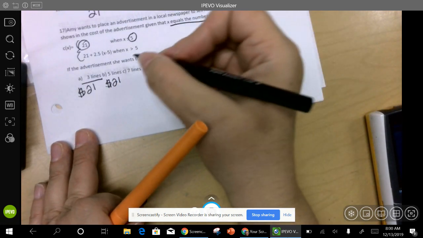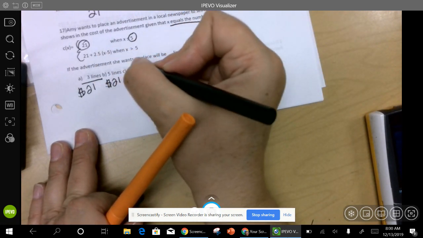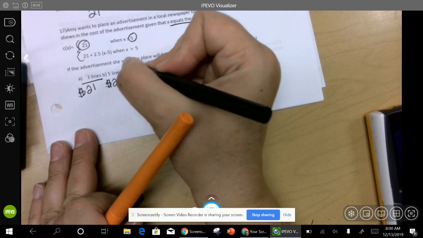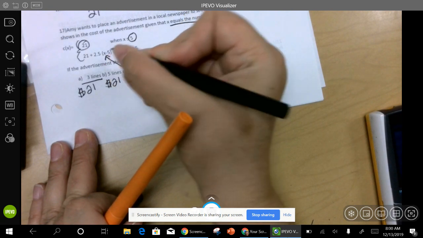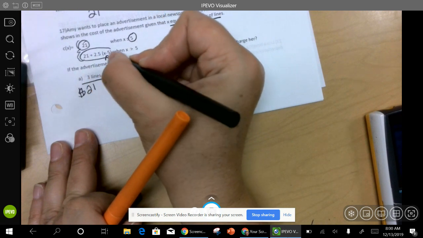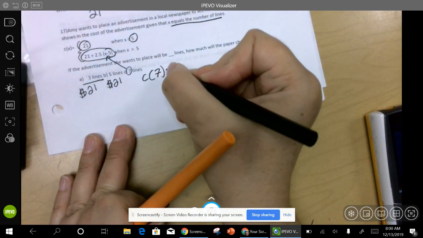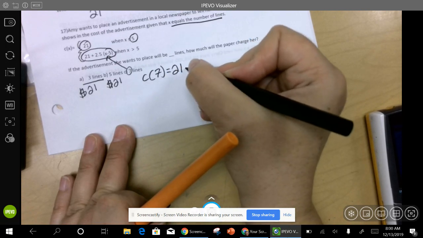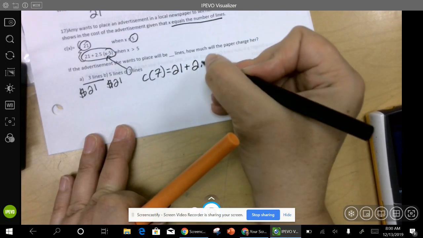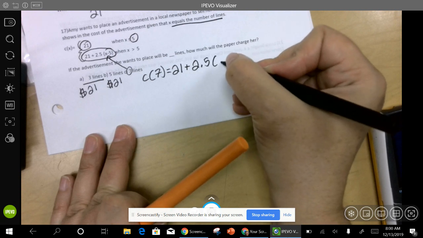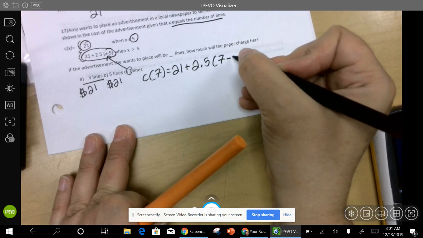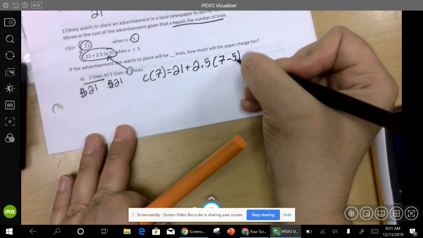7 lines. Okay, so then we're going to have to substitute in 7. I'm going to substitute it in for X, so I'm going to use this one. So the cost is equal to, substituting 7 for X, 21 plus $2.50 times parentheses 7 minus 5.